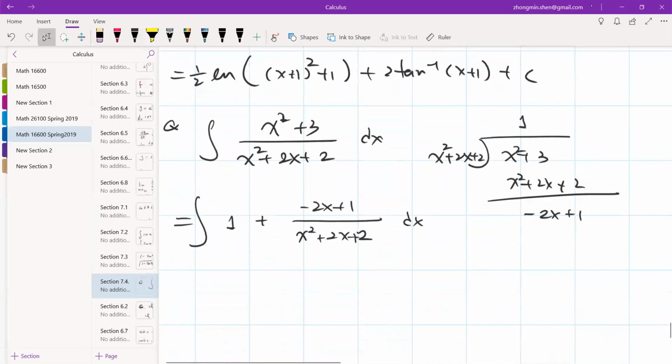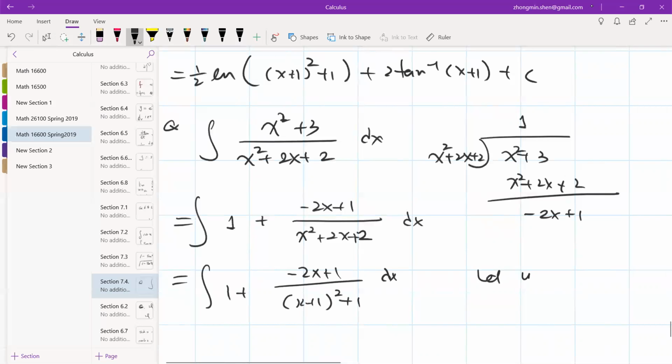So we are now able to decompose it, the second part, into some of those reciprocal linear functions. I can only still use a substitution. Okay. So here is going to be like an x plus 1 squared plus 1, right? Negative 2x plus 1 dx.